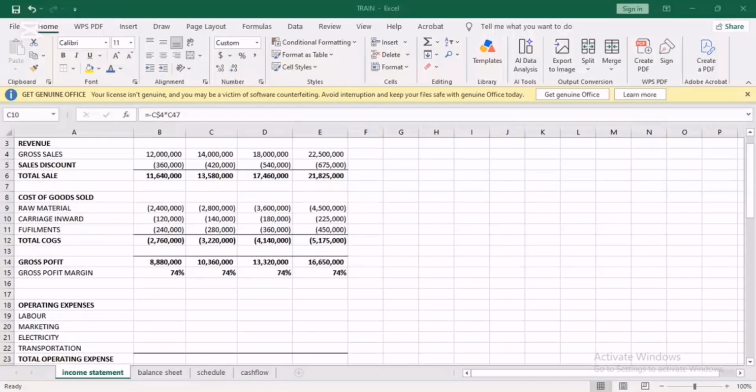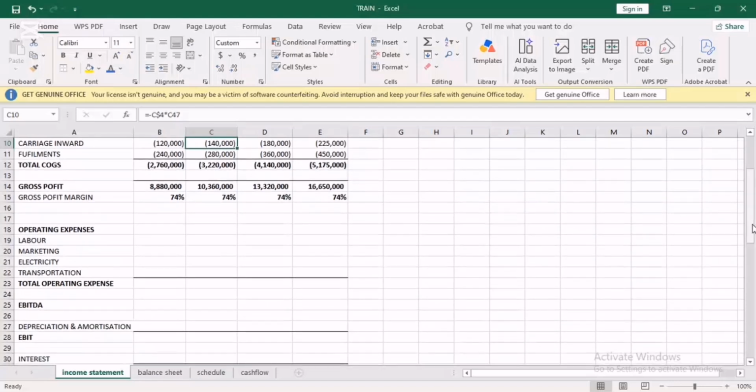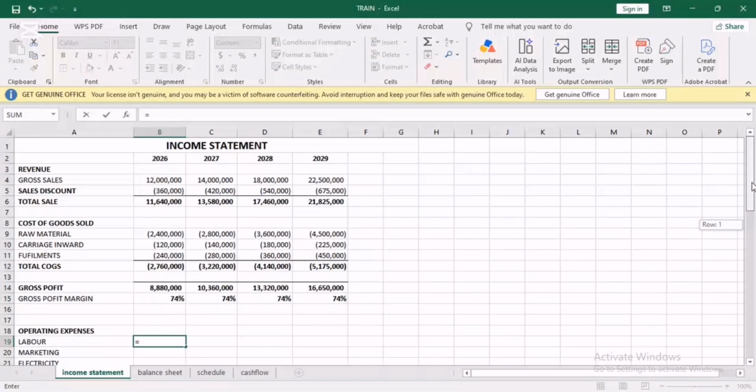Now let's forecast for our operating expenses. So how do we do that? Just as we did the cost of goods. So we hit right here equal to, because we have a benchmark of the gross sale.